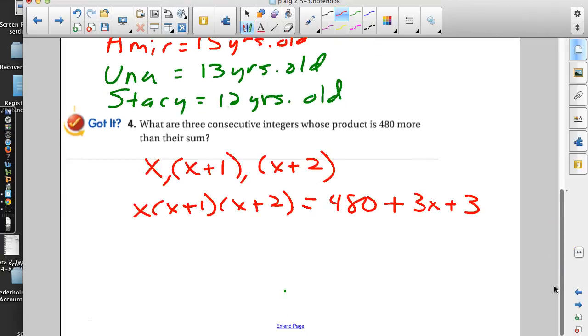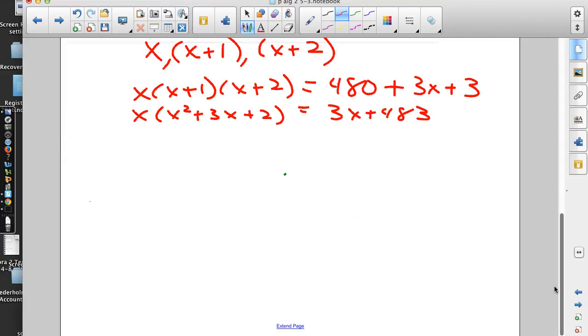So same steps as last time, you just have to think your way through what we use for representing those consecutive integers. So we're foiling and combining like terms. We are distributing. We are realizing we're trying to solve. We need 0.